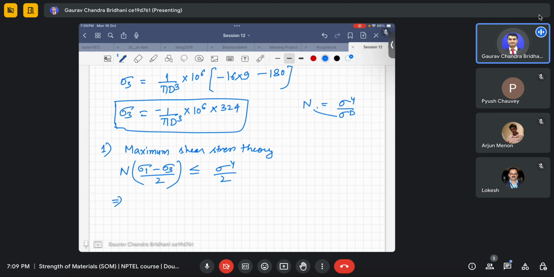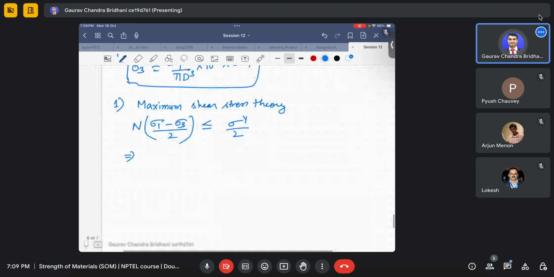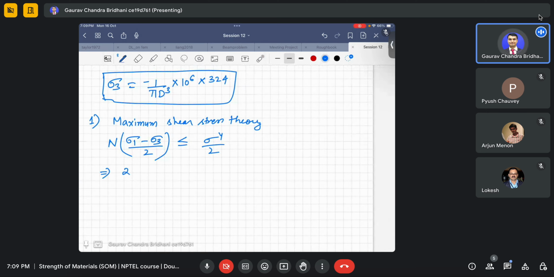So when you take this to the other side, it gets multiplied with the design value. Always remember to multiply the factor of safety in the correct direction, because basically you are trying to increase this value. So now, 2 is the factor of safety.